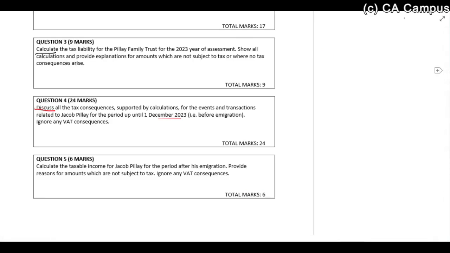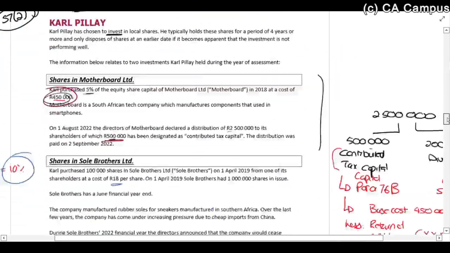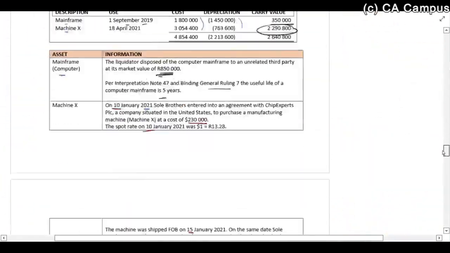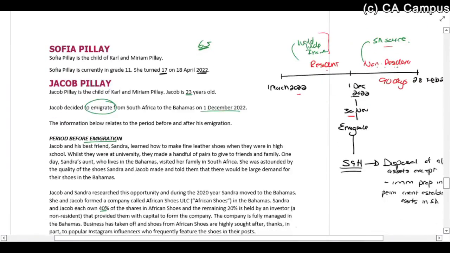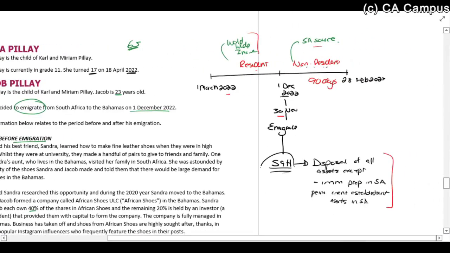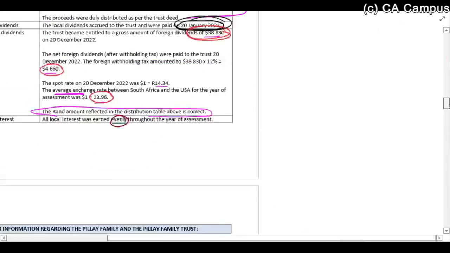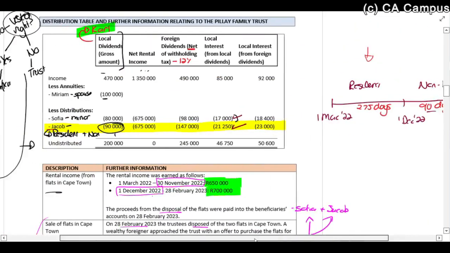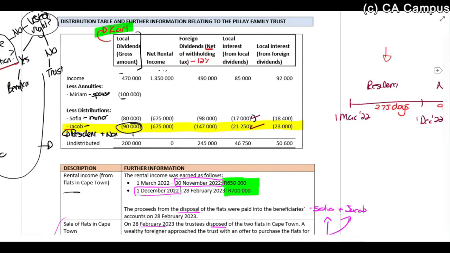Now, why did I sound like I'm being a fool here and saying it's in the next tax year? I'm not completely wrong. One of the implications of section 9H is that you treat it as if your tax year is a shorter tax year, which ends there and then a new one begins. That's what I'm referring to there. So that 90,000 was in the period after 1 December.